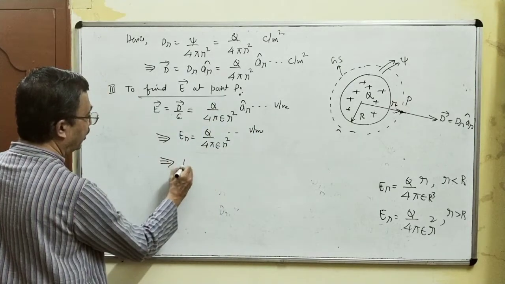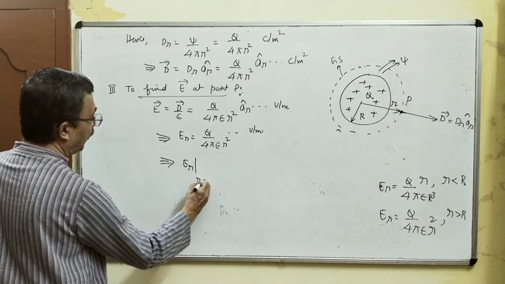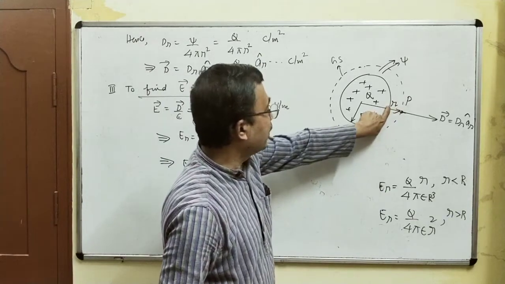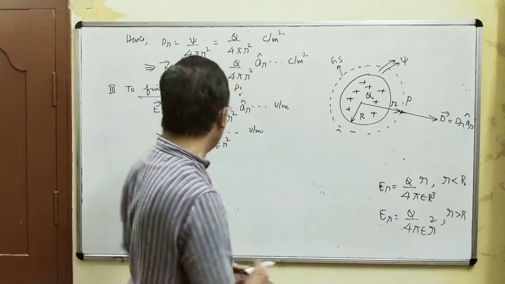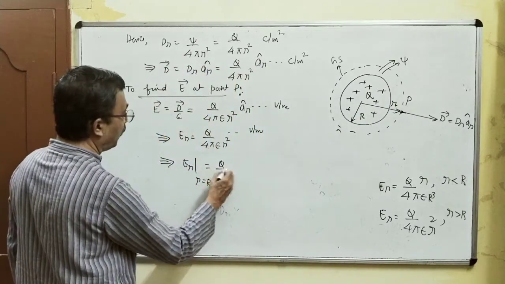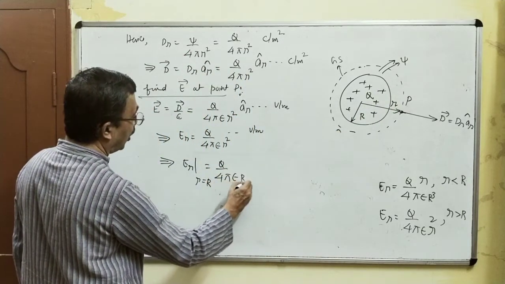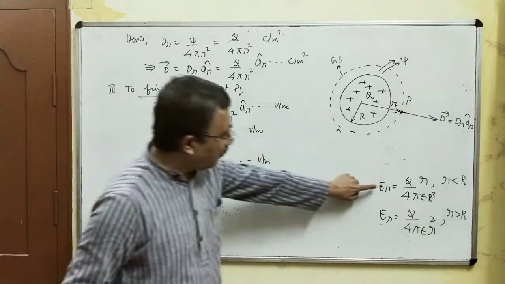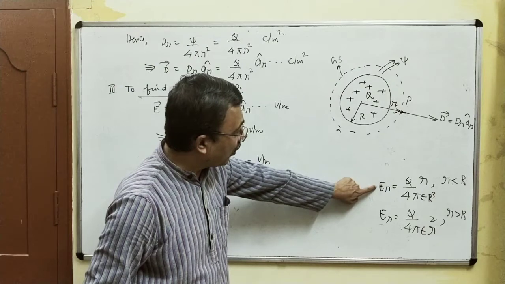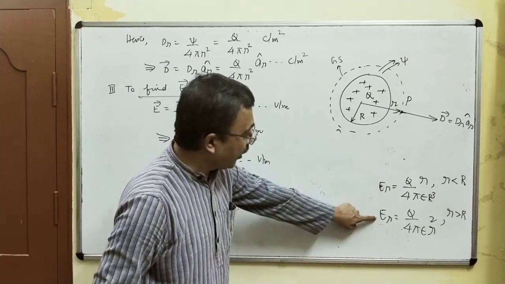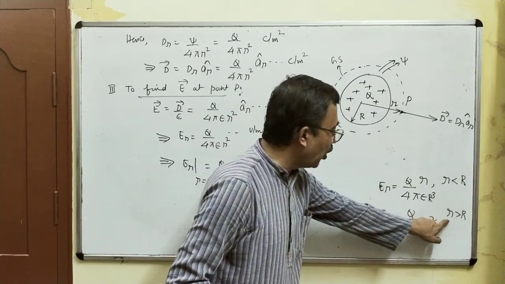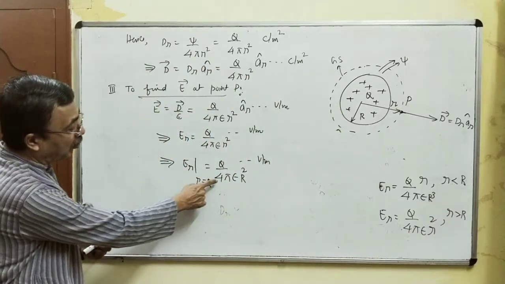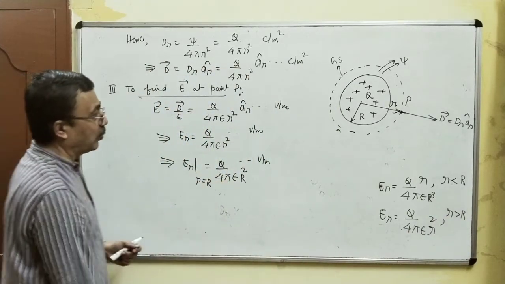Point P will lie on the sphere of radius equal to capital R. You get Q divided by 4 pi epsilon R square volts per meter. If you replace small r by capital R in either expression, you get the same expression, Q by 4 pi epsilon R square.